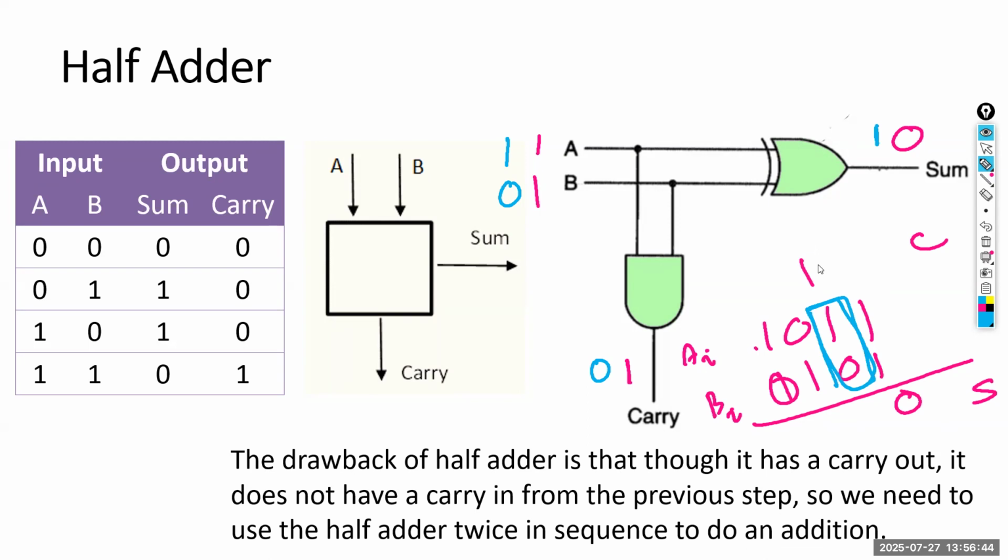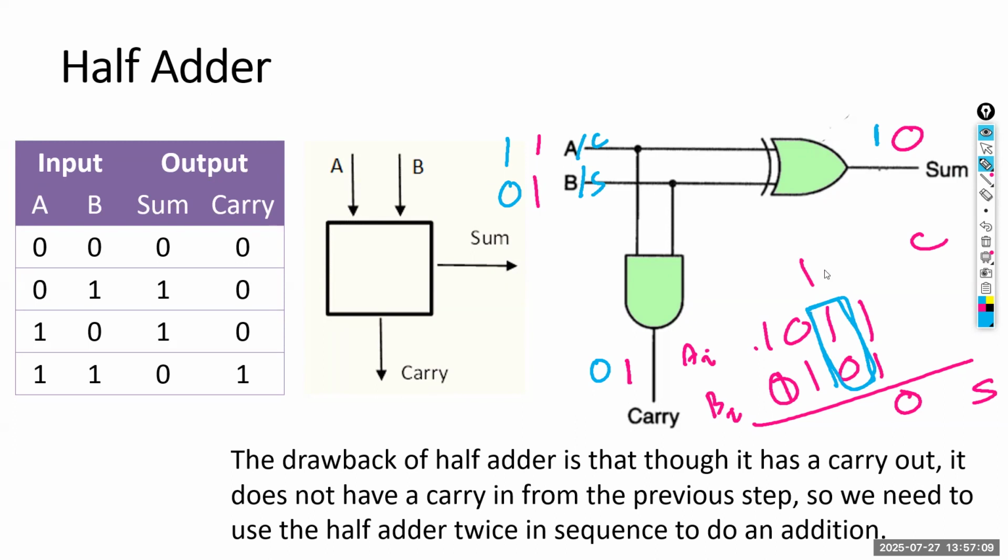Now you can consider one of these as A, maybe sum as A, and carry from the previous step as B. Then the sum is 0. Sorry, not the sum, you take the carry. So the carry is 0. So this is A or say carry. This is B or sum, because it's a two-step process.